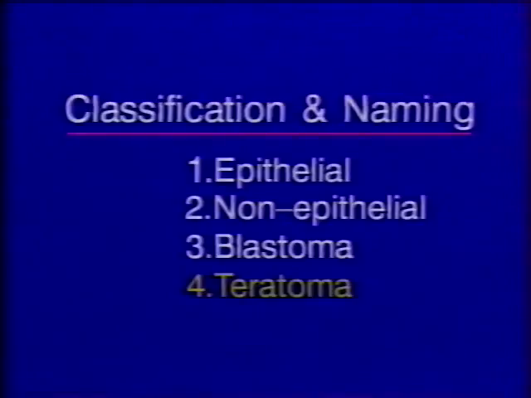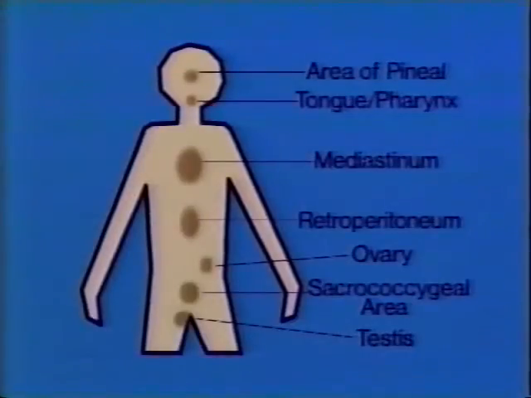Teratomas are the fourth major type of neoplasm. This group includes a variety of benign and malignant neoplasms which are derived from germ cells. Most arise in the gonads, but they may occur in other locations as well, usually in the midline of the body.